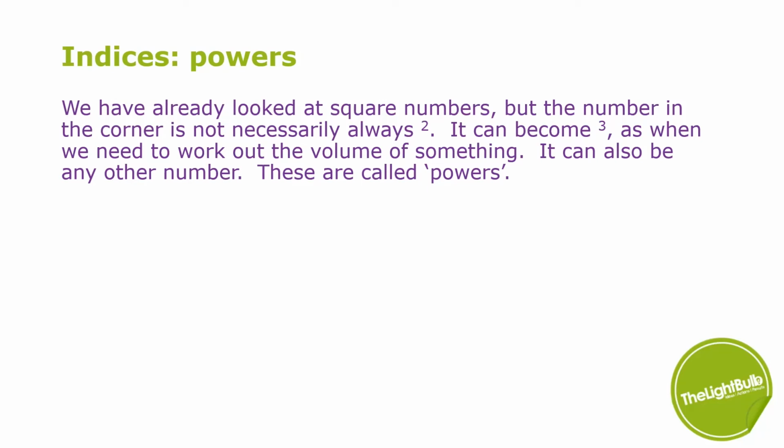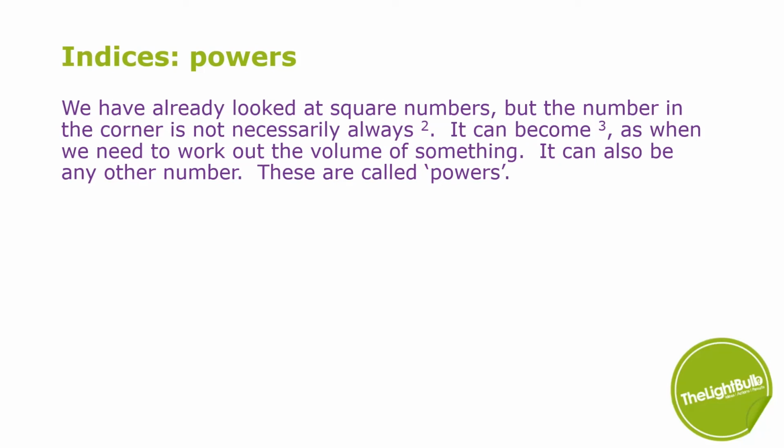When it's a 2, it is a power, but it's specifically called squared, 5 squared, 3 squared, 8 squared, whatever it is. But it can also be a 3, for example, very common if we're working with volume calculations. When we cube a number, if we're trying to work out the amount of cubic air, for instance, that's in a room, or the cubic liters in a swimming pool.